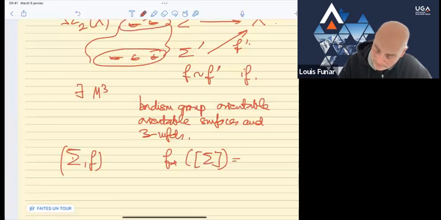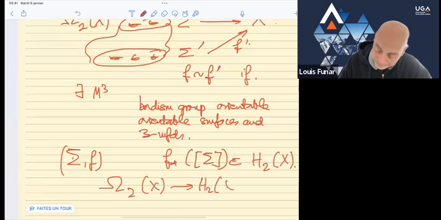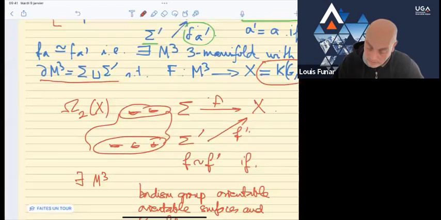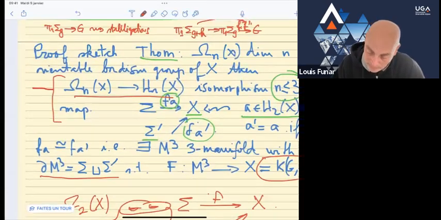This is the element of H2 of X associated to omega 2 of X goes into H2 of X.